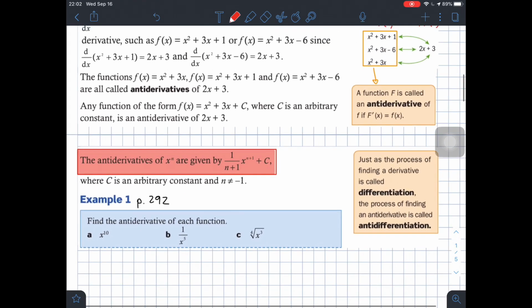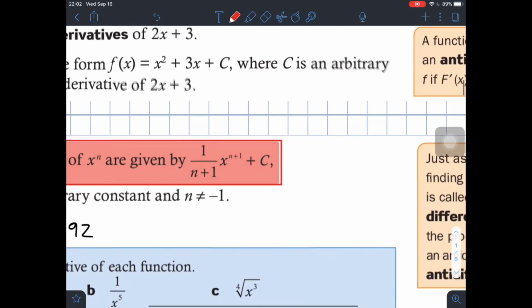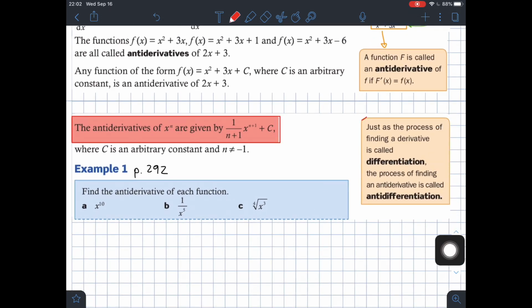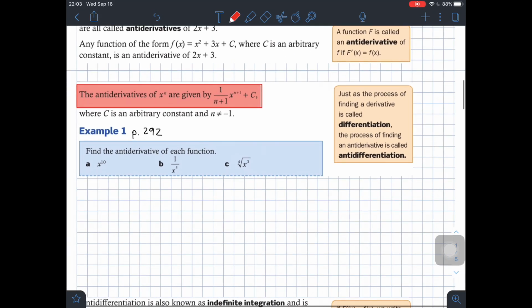We're going to see this in the following examples, but whenever we're integrating, we always need to add this plus c at the end in order to have a complete answer. If you don't write the plus c, then the answer would be incomplete. Just as the process of finding the derivative is called differentiation, the process of finding the antiderivative is called antidifferentiation, also known as integrating, okay?